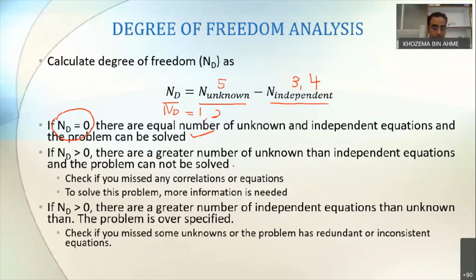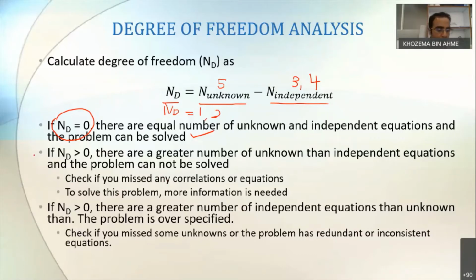Before you say that the problem cannot be solved, please make sure you check if you missed any correlation or equations to solve the problem. If you have checked and you are sure that you have labeled everything, you have drawn the flowchart correctly, everything is correct, but you still find that N_D is greater than 0, then to solve this problem you are supposed to be given more information.